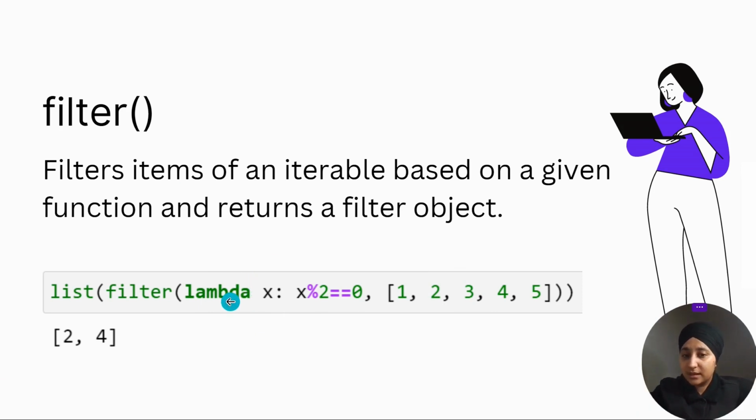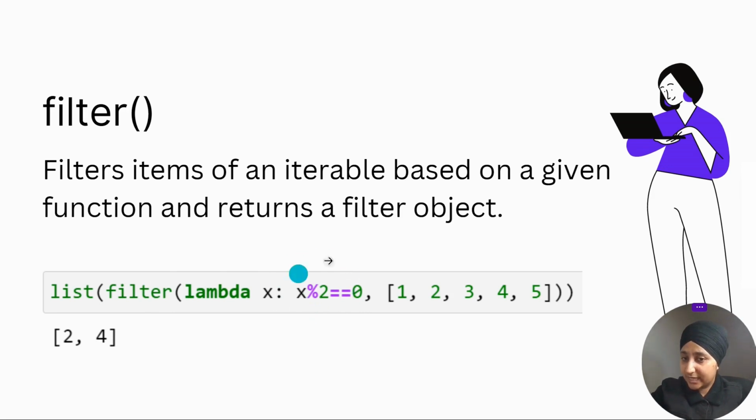So here what we are doing is, we have this iterable and we want to filter the items of this iterable. The condition here is x modulus 2 double equals 0, meaning if the elements in this iterable are divided by 2 completely and leave no remainder, meaning they leave 0 as a remainder, then those elements we are going to filter using this filter method.